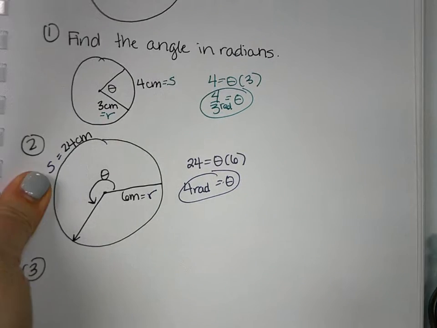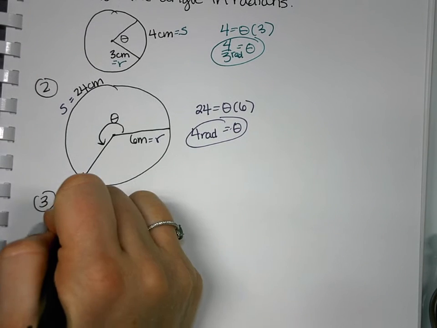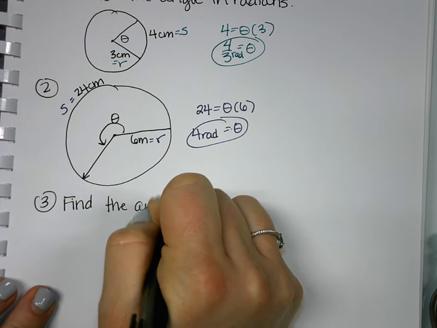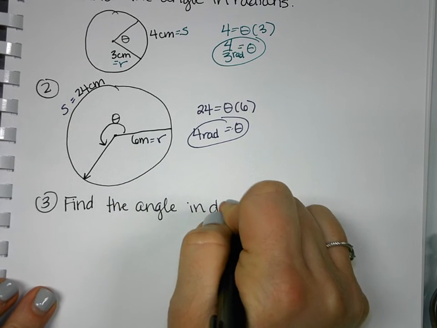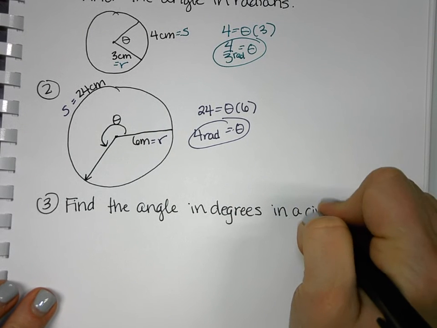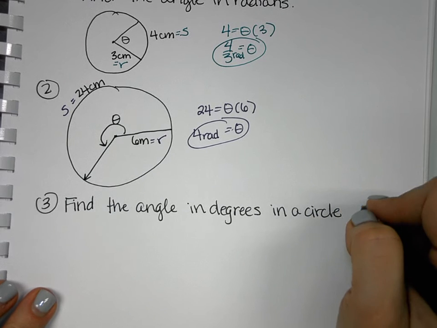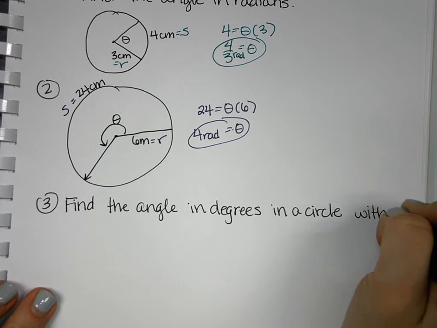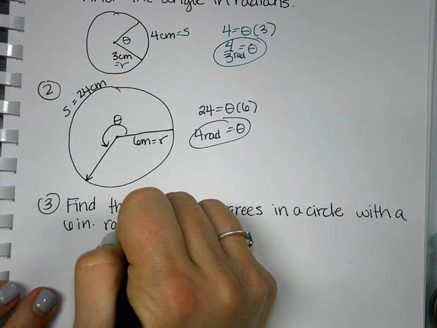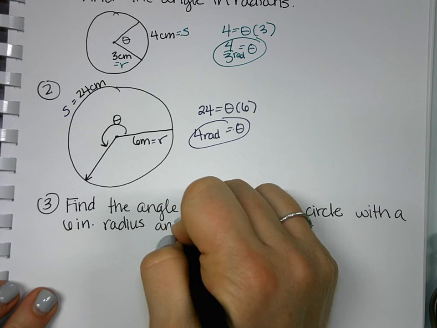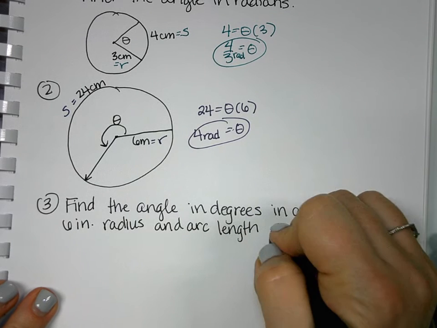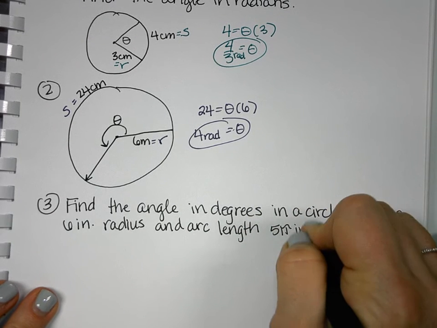Our third one is going to be find the angle in degrees in a circle with a 6-inch radius and arc length of 5 pi inches.